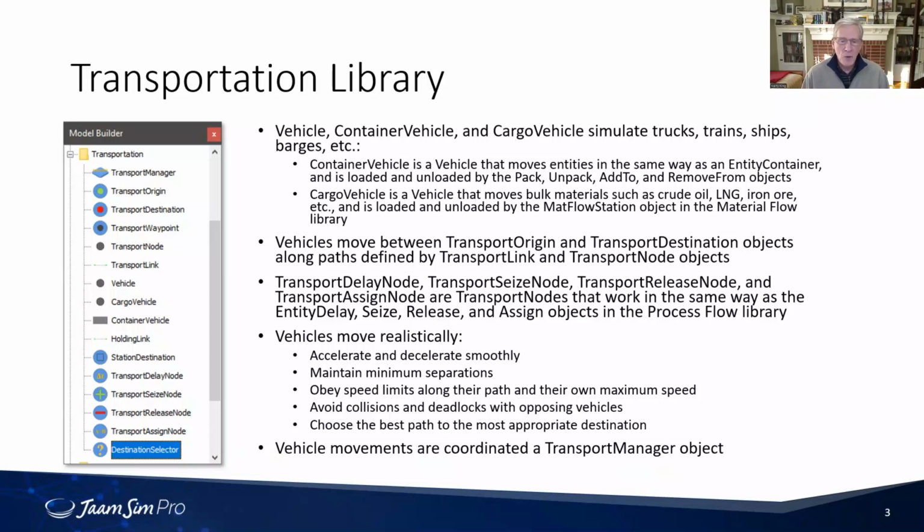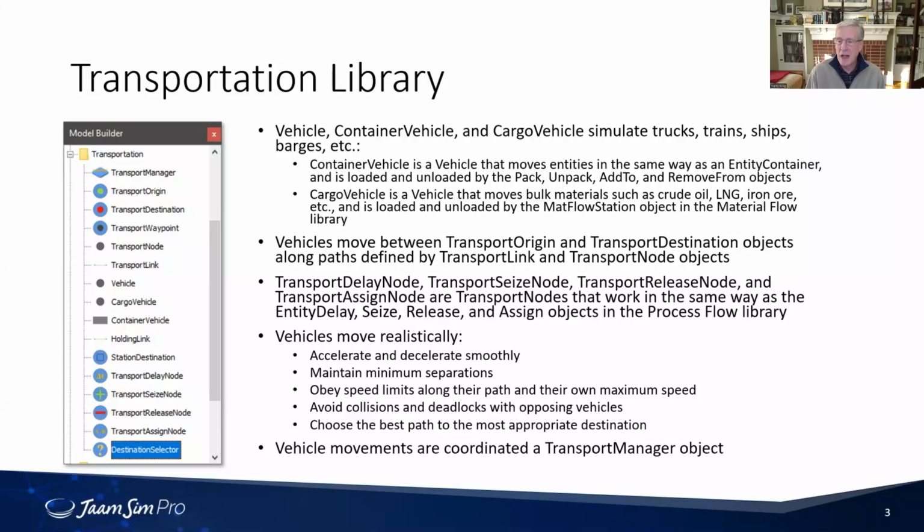Vehicles automatically avoid collisions and deadlocks with opposing vehicles. So you'll never have the situation where two vehicles enter a section and run into each other and are unable to go forward, which is what a deadlock is. And the vehicles will choose the best path to the most appropriate destination. Meaning if you've got a vehicle that's carrying a particular material, it will look at the destinations that are suitable for that material, with various other rules that you've specified, and then find the best path to that destination.